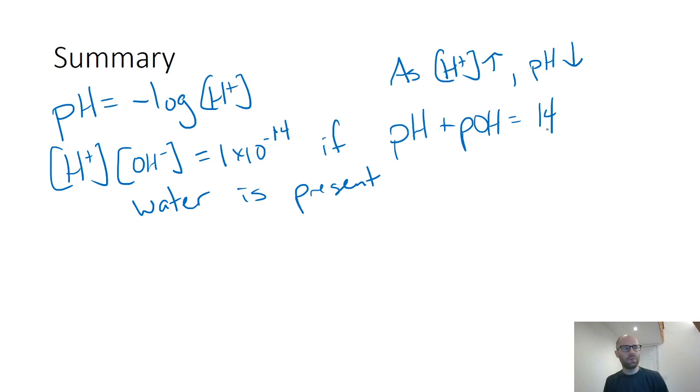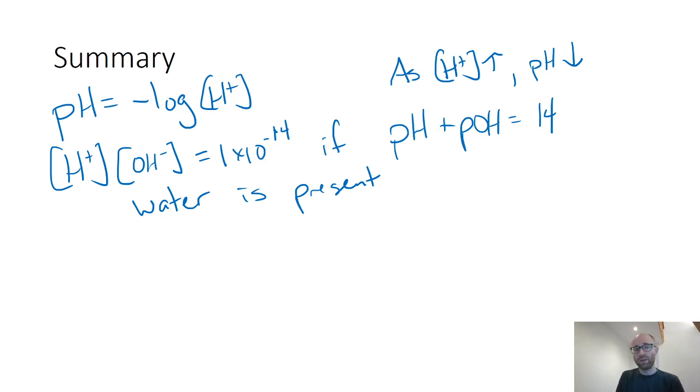There's a couple more things I want to say about a summary. The initial picture I showed you showed a scale from 0 to 14. That's really a boundary, but not a hard boundary. It's a boundary for biological systems. But I know that concentrated hydrochloric acid, the maximum saturated, is 12 molar.